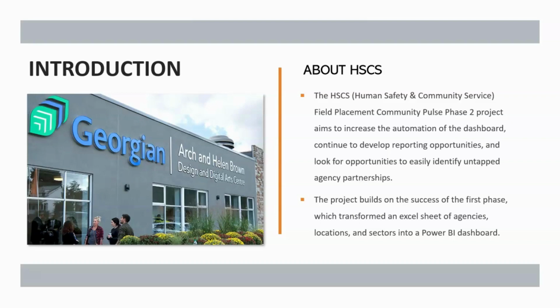This project builds on the success of the first phase, where the team was able to represent in a dashboard information of all the agencies, the number of vacancies each of these agencies have, and for which courses they have open positions. With phase two, we aim to enhance the functionality of the dashboard and at the same time add new functionality to it.